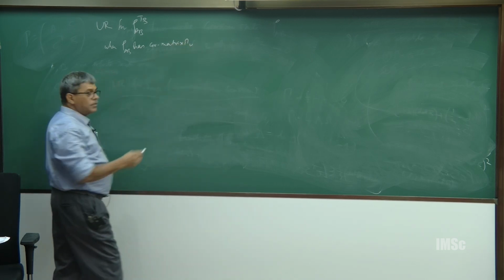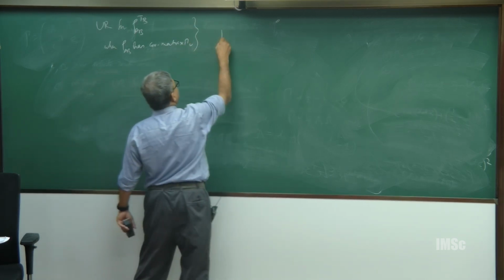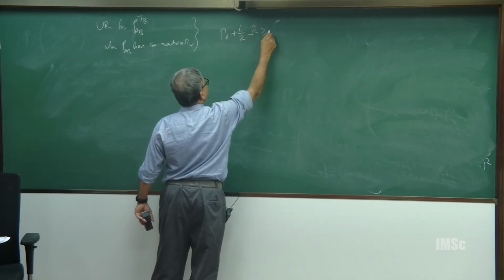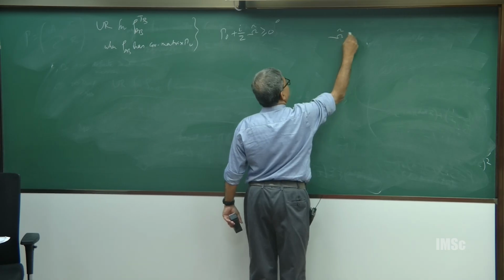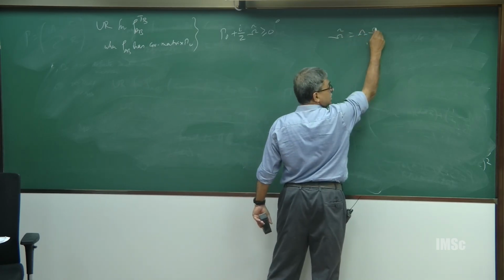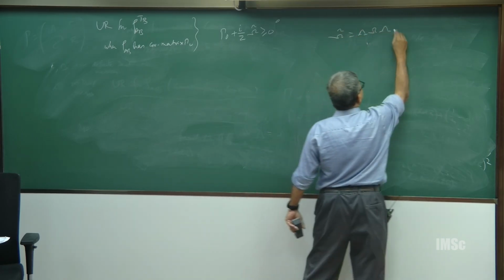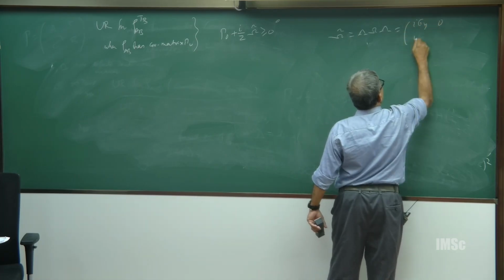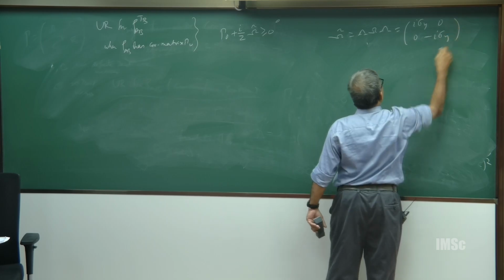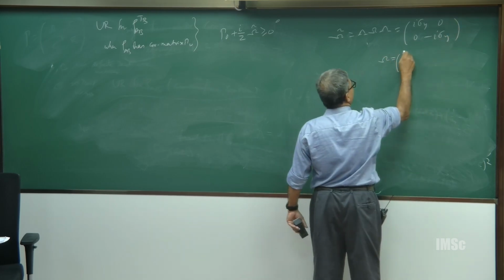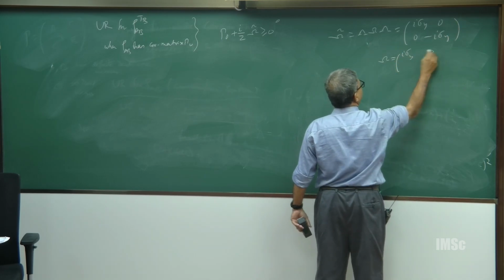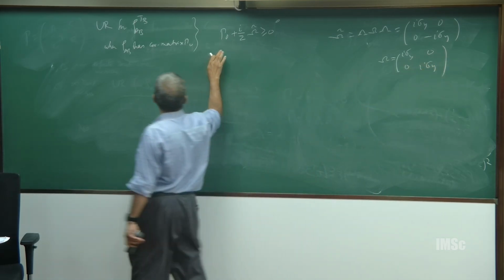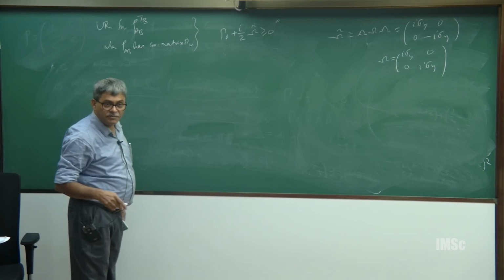This will tell me that gamma 0 plus iota by 2 omega tilde is greater than or equal to 0, where omega tilde is lambda omega lambda, which is basically I sigma y, 0, 0, minus I sigma y. The omega is I sigma y, 0, 0, I sigma y. So, this is the uncertainty relation for that covariance matrix.